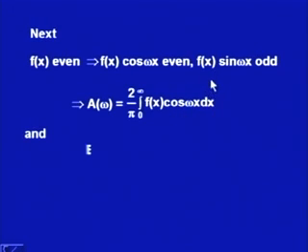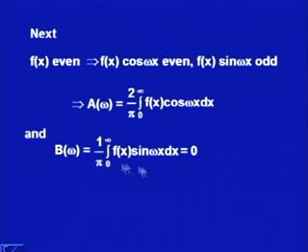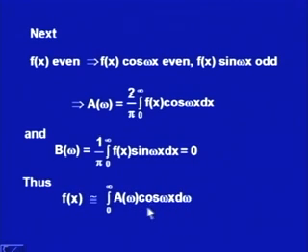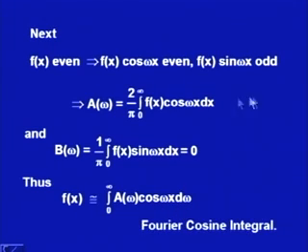When it is odd, then B(ω) would simply be 0, since the integral is from −∞ to +∞. Thus, I can represent f(x) as ∫ from 0 to ∞ of A(ω) cos ωx dω, only the cosine integral. So, as in the case of Fourier sine and cosine series, here also if the function is even, we get only the Fourier cosine integral, and if the function is odd, we get only the Fourier sine integral.